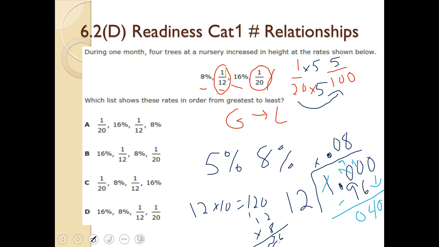12 into 40. I know 12 times 4 is 48, so I think we need 12 times 3. 3 times 2 is 6. 3 times 1 is 3. So we would have 36. I think that's as high as you can get it. That was 3 times. And we can stop because we're in the thousands place. We never really go past that thousands place. And then let's go ahead and count over. To change a decimal to a percent, we're going to use the Dr. Pepper technique.